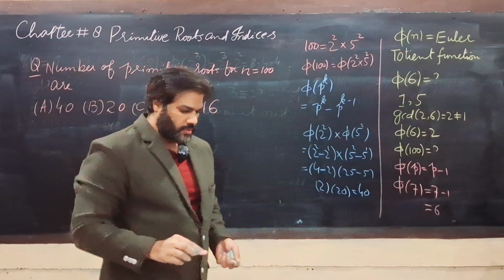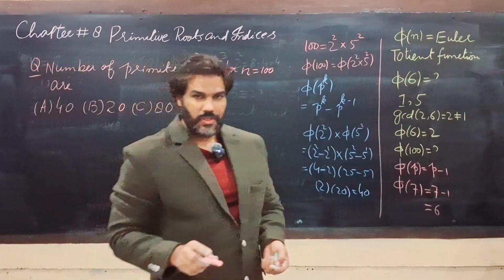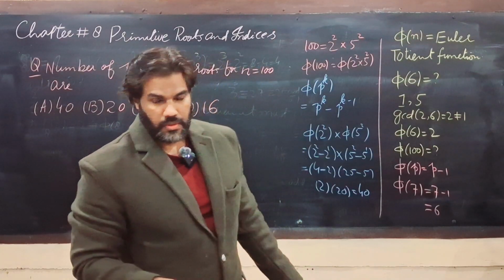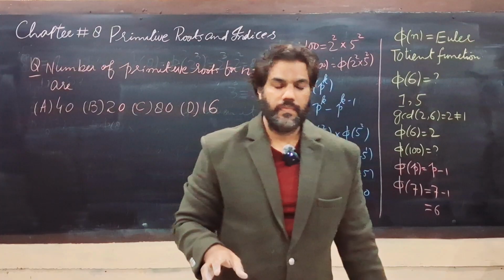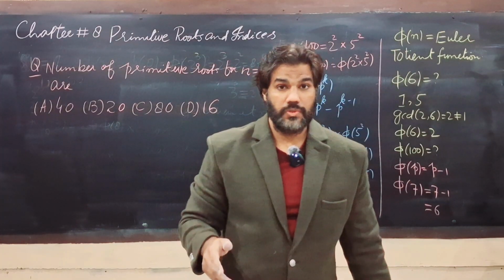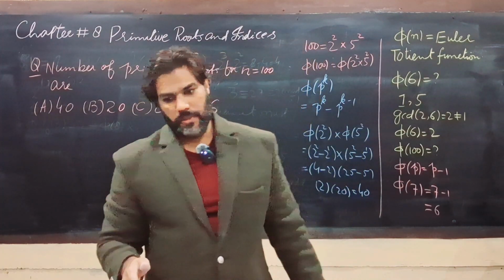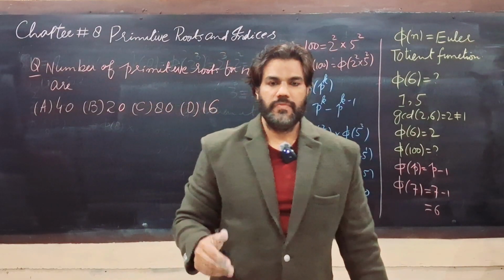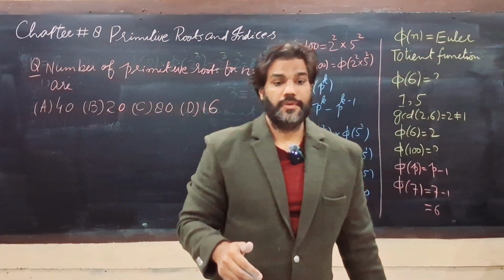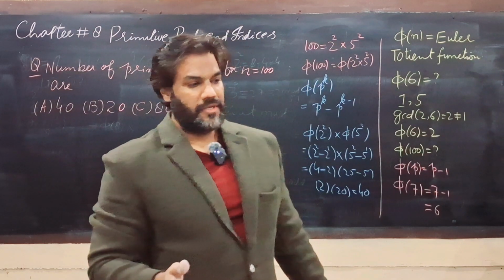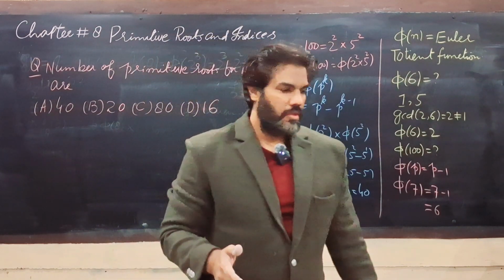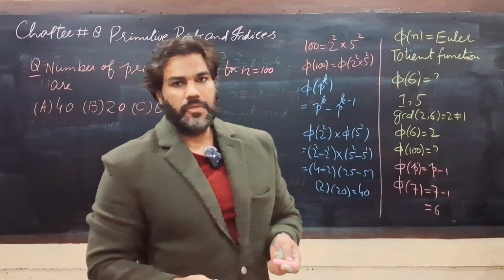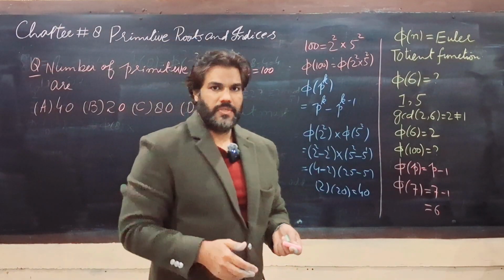From the first example, you have seen that a positive integer can have more than one primitive root. So it is natural to ask how many primitive roots any integer can have. So if my integer is n equal to 100, how many primitive roots exist here?